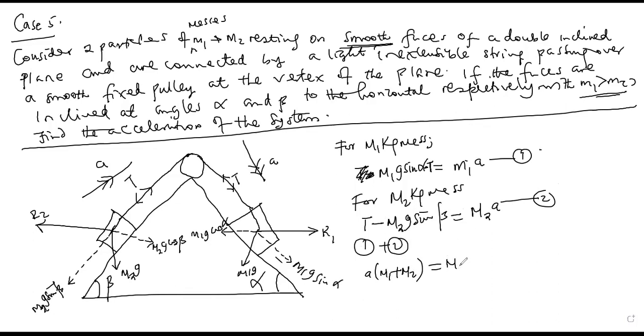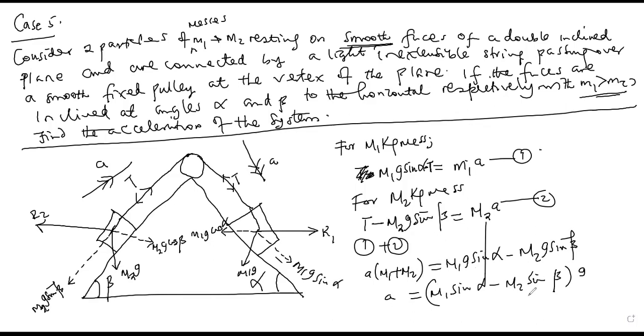So I will have m1g sine alpha minus m2g sine beta. I'm looking for a, so a is equal to (m1 sine alpha minus m2 sine beta) times g, where I factorized g out, over (m1 plus m2). As simple as that.